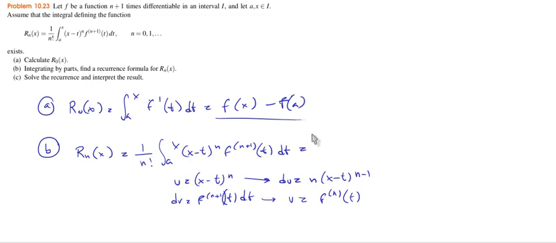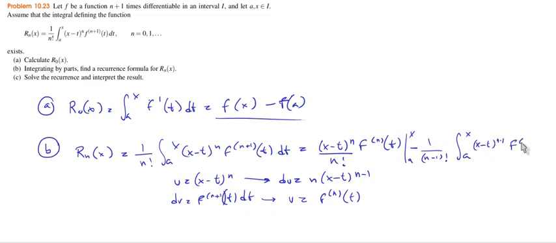Now this is (x minus t) to the n times f^(n) of t divided by n factorial, minus, and then n divided by n factorial is 1 over (n minus 1) factorial, times the integral between x and a of (x minus t) to the n minus 1 times the nth derivative of t dt, but all of this is R(n minus 1).